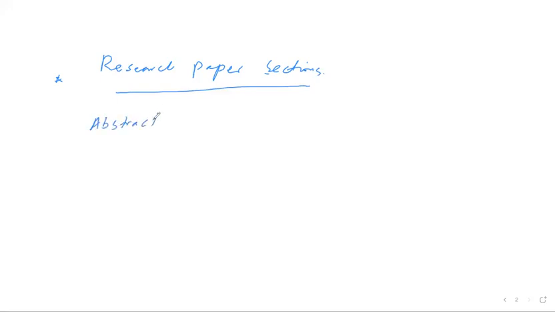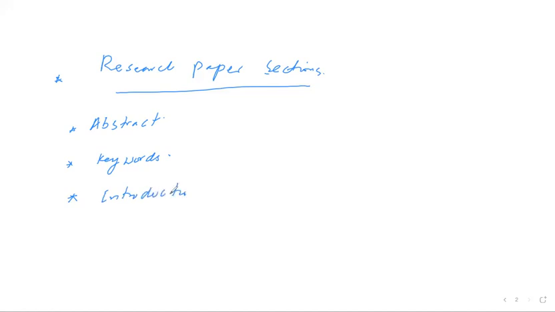So here we can discuss what the different parts of a research paper are and how you will get started. Research paper sections. The first section in this paper will be the abstract. Then we will have keywords, which are the technical words that you use inside your paper. Then we will have the introduction.